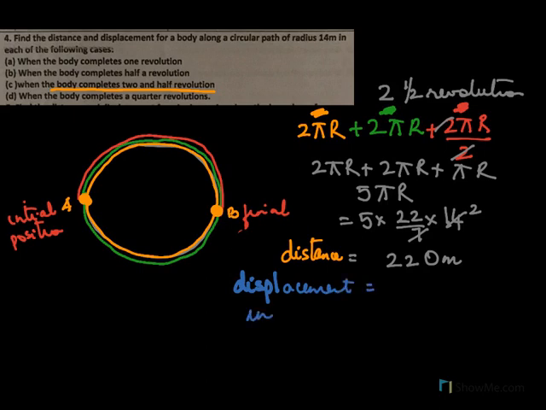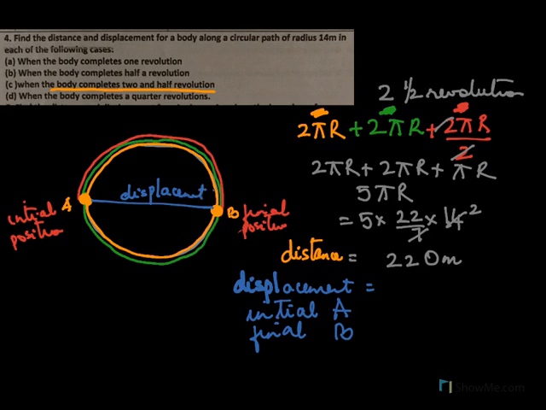So we saw the initial position was A and the final position is B. And that is the case, your AB will be your displacement. This blue line is the displacement. And we see that AB is the diameter.